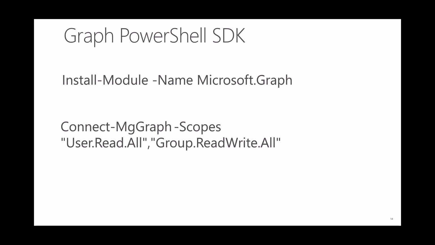That is going to control the permissions for that session when it comes to the Graph. So we can set the scopes and the permissions in our script or whatever we're running on the command line. And then we're going to run a command like Get-MgUser to be able to get all the information that we want.